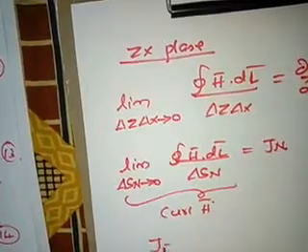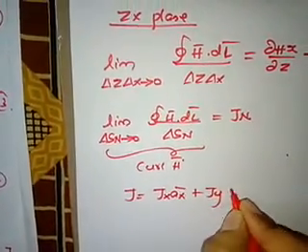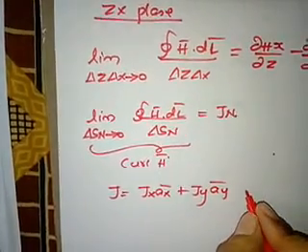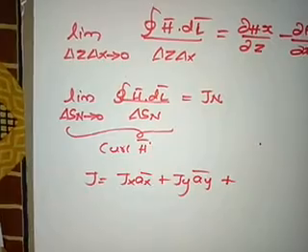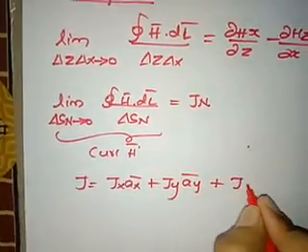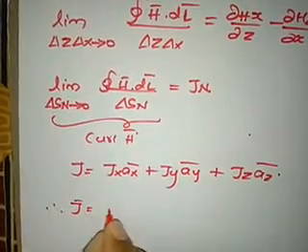So total J is nothing but Jx Āx plus Jy Āy plus Jz Āz, the total current density. Current density is what? Come on, tell me. Current density is the current per unit area, is it not? So J̄ is equal to, what is Jx?